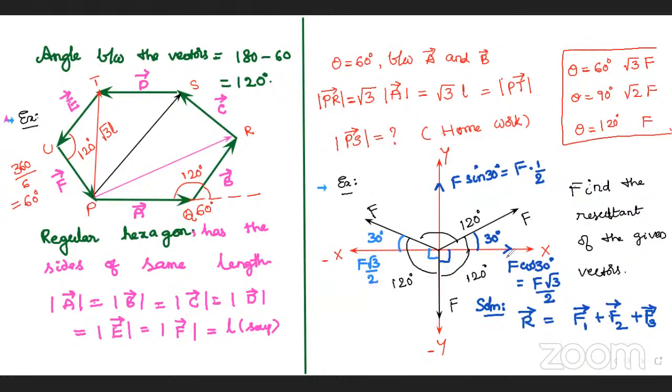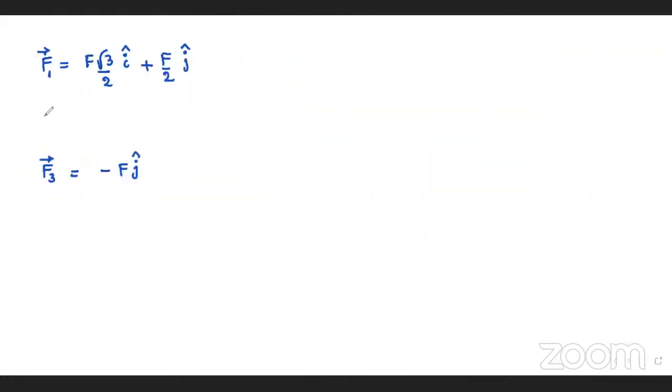And in the same way, after resolving, you will get y component f upon 2. Same components you are getting. But it is in the second quadrant, so y component is positive, x component is negative. In second quadrant, minus x plus y. Okay, so f2 bar, I am going to write here.